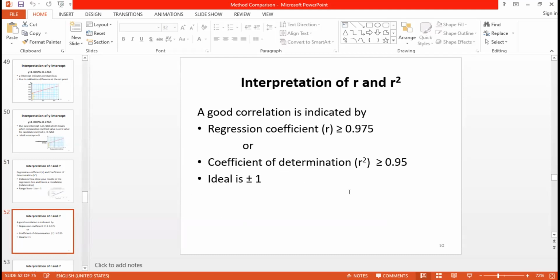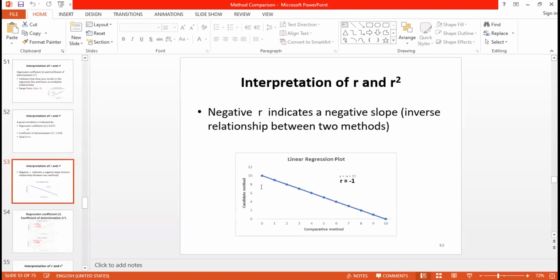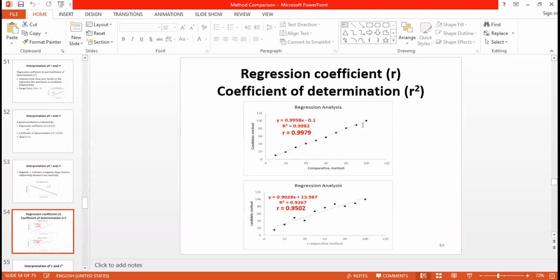The ideal R or R squared is ±1. If you see a negative R, that indicates a negative slope, which means there is an inverse relationship between the two methods.